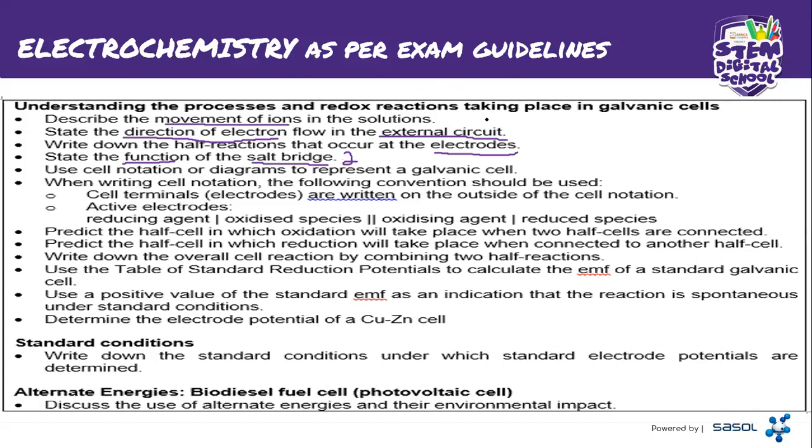And I said you need to be very careful there. Some of the mistakes that we see is learners will write the salt bridge connects the two half cells to complete the cell. We are not completing the cell. We are completing the circuit. So be wary of that. And we will ask you the functions of the salt bridge.